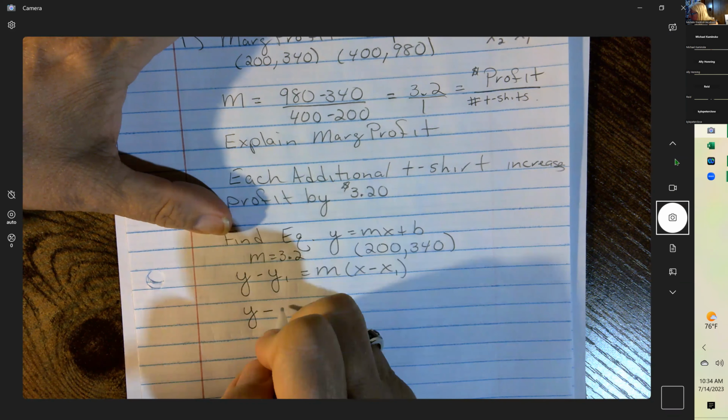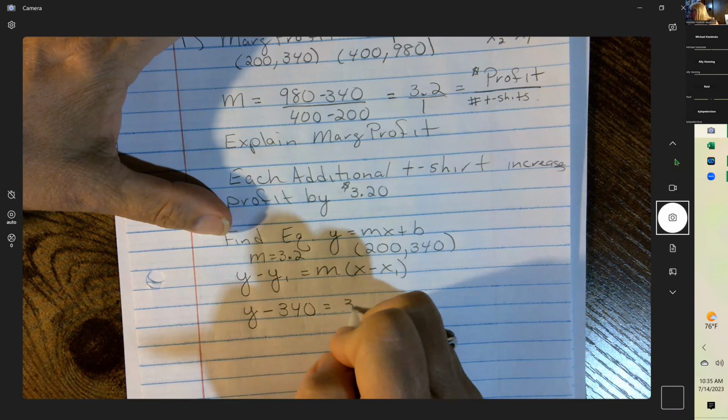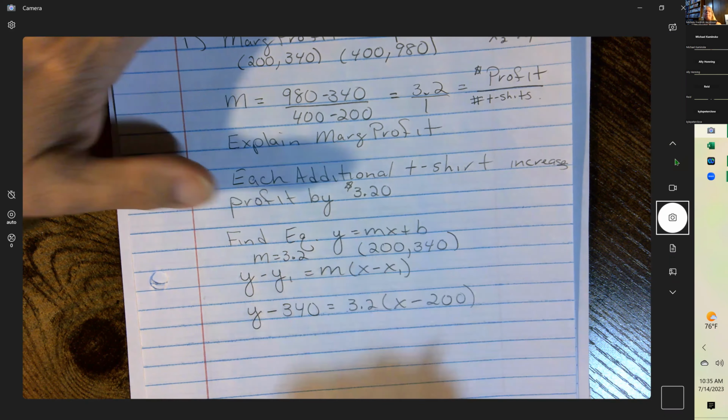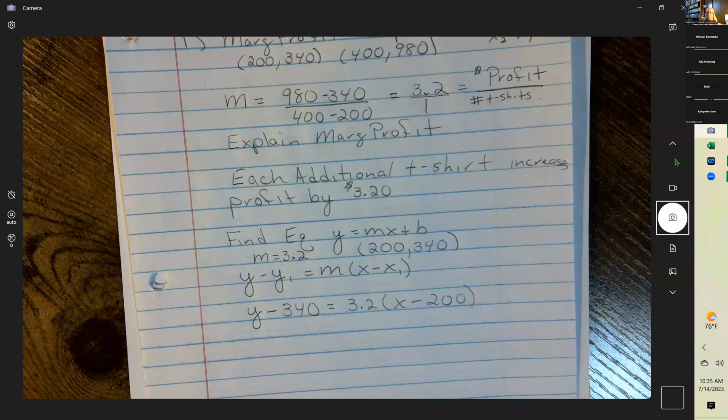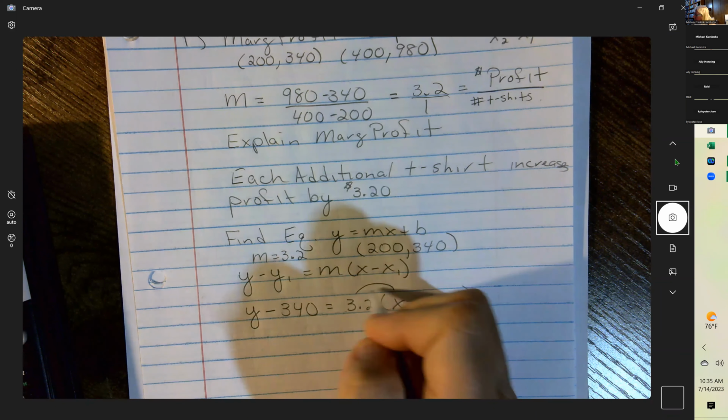Y1 is the 340. My slope 3.2, X minus the 200. Any questions on plugging it in? Now, if you use the other one, it's going to look different right now, but when we solve it for Y, because we want it in this form, they will all be the same. Distribute the slope.